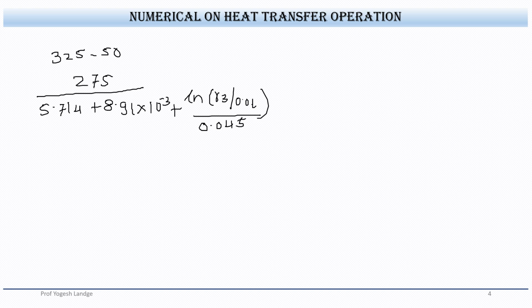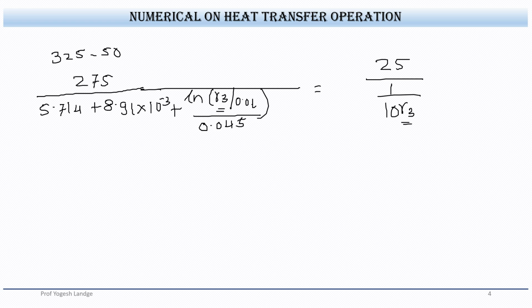Okay, this is the value that I write. Now that is equal to the next term, which is 50 minus 25, it is 25, divided by 1 upon 10 times R3, because R3 we do not know. So we don't know the value of R3, which we need to calculate.